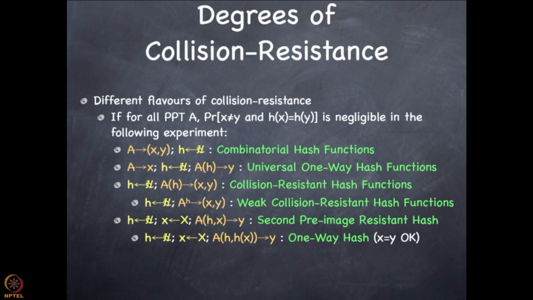Okay, so as opposed to the second pre-image, you could say this is just pre-image resistant hash. We're just asking for a pre-image, and so this is just a one-way function. The adversary should find it hard to find a pre-image of a given h of x on a random x.